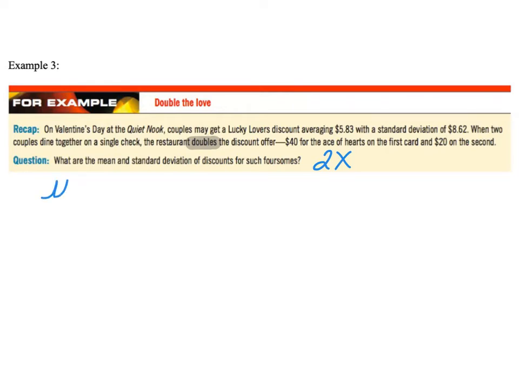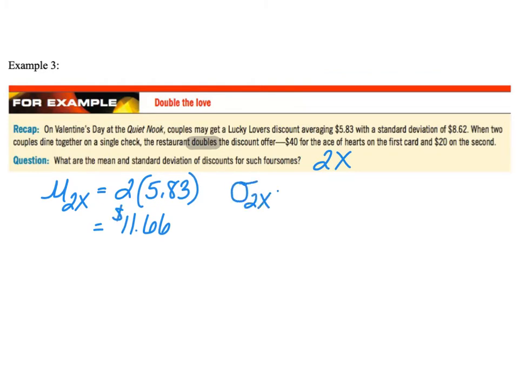So we're going to find our new mean, which would be 2 times the $5.83, or $11.66, and our standard deviation, since we're working with a constant, we're just going to double our standard deviation.